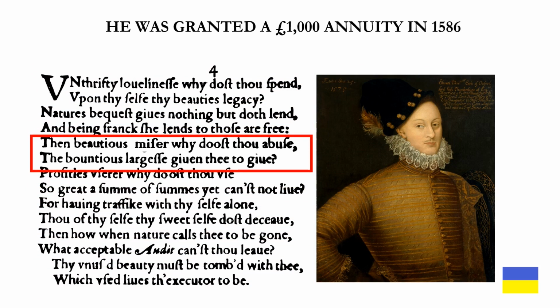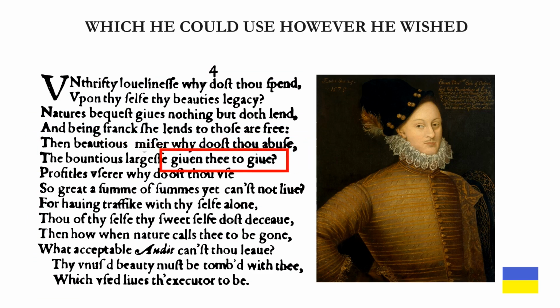He was granted a £1,000 annuity in 1586, as he describes, the bounteous largesse given thee to give, which he could use however he wished. Bonner Miller Cutting found out that the annuity was issued under Privy Seal warrant, in which there were no strings attached.